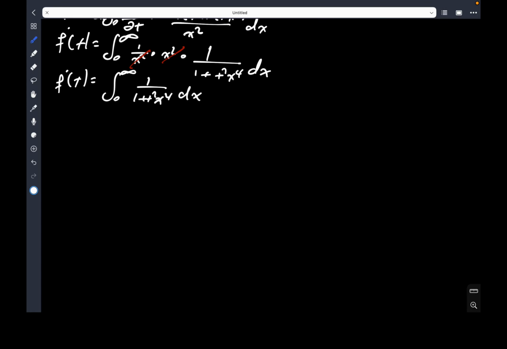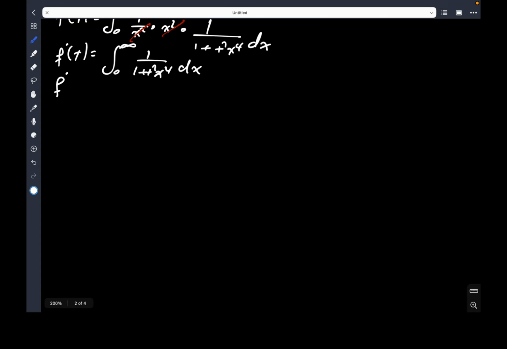So now I can multiply and divide this integral by half, giving half the integral from 0 to infinity of 2 over 1 plus t squared x to the 4 dx.